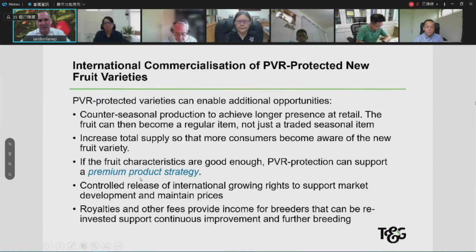Now, I'll talk a little bit about the opportunities to develop international markets for new fruit varieties that are protected by plant variety rights or plant breeders' rights or plant patents, depending on the term that's used in different countries. So these protected new fruit varieties do present some additional opportunities.